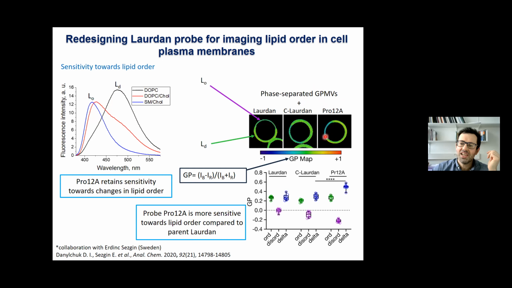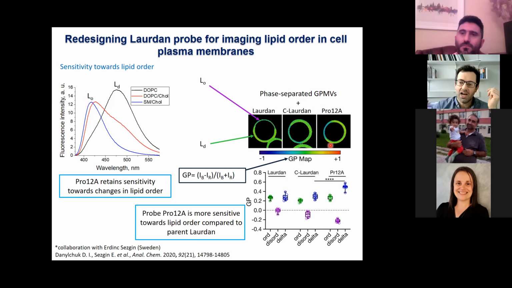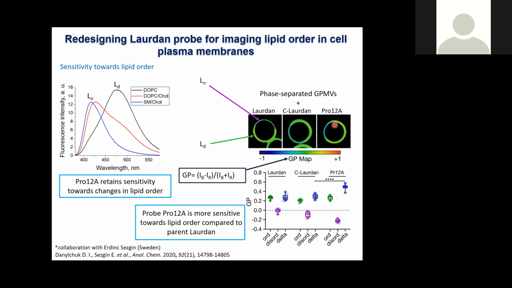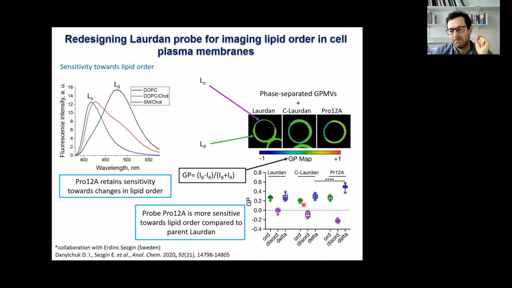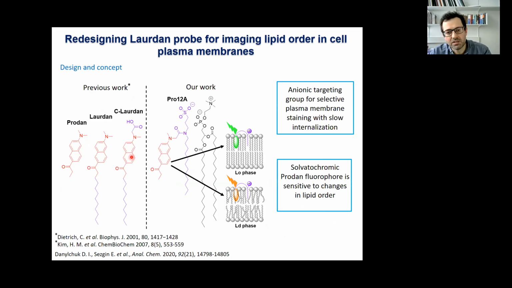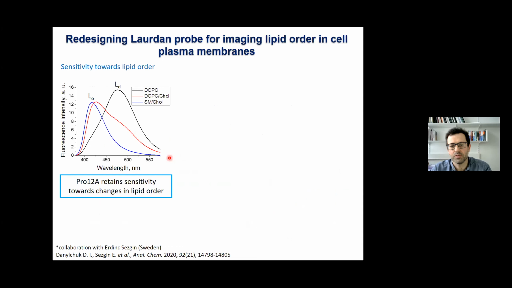We could see clearly that we can distinguish ordered and disordered phases on those reconstructed membranes, and the resolution between these two phases was better, as you can see here, than for Laurdan or C-Laurdan. C-Laurdan, by the way, is a carboxy derivative of Laurdan.